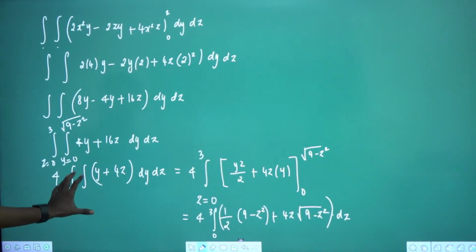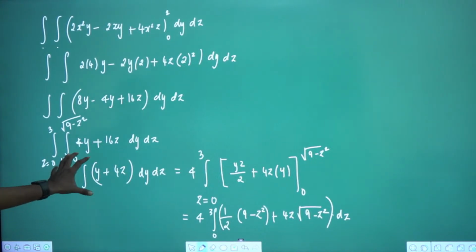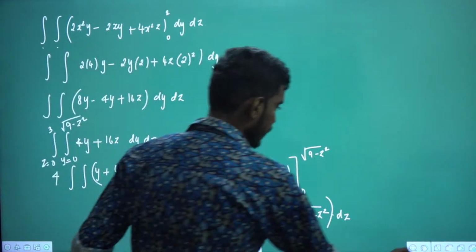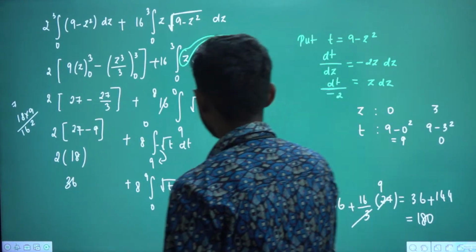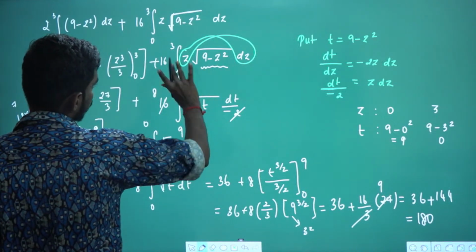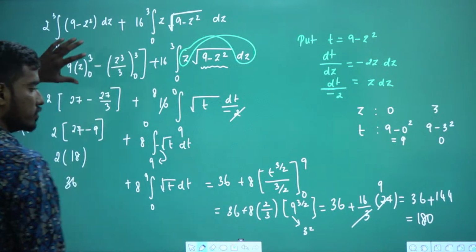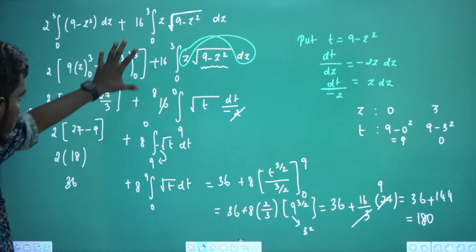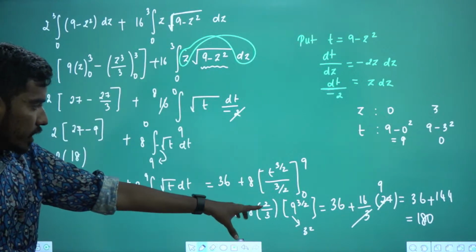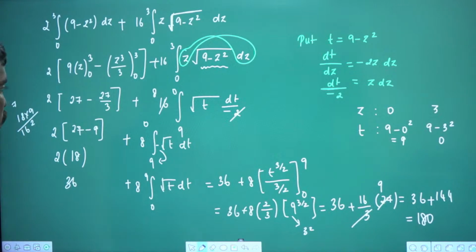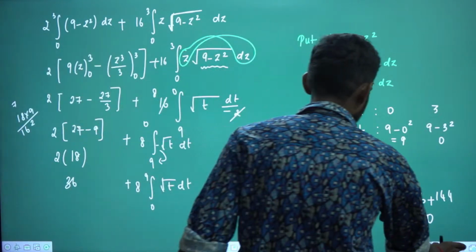Again we integrate, take 4 outside, integrate with respect to y, upper limit minus lower limit. For here I'm just putting the expression as 9 minus z square. These are just 12th standard mathematics, very easy. This will get 36, and after substitution you will get 144. 36 plus 144 will be 180. So 180 is the volume integral.